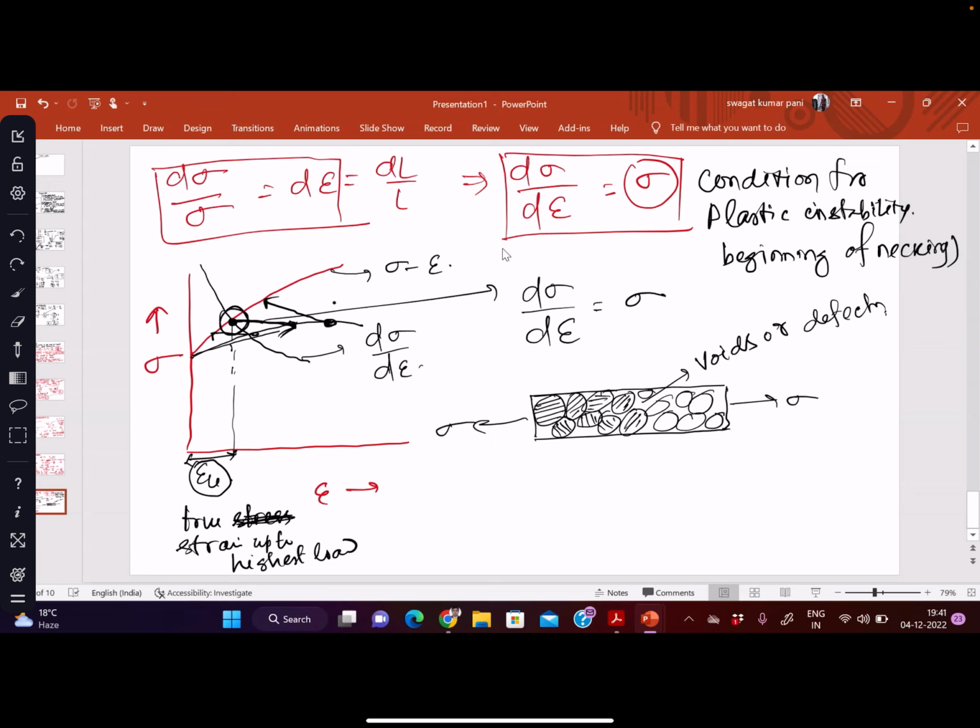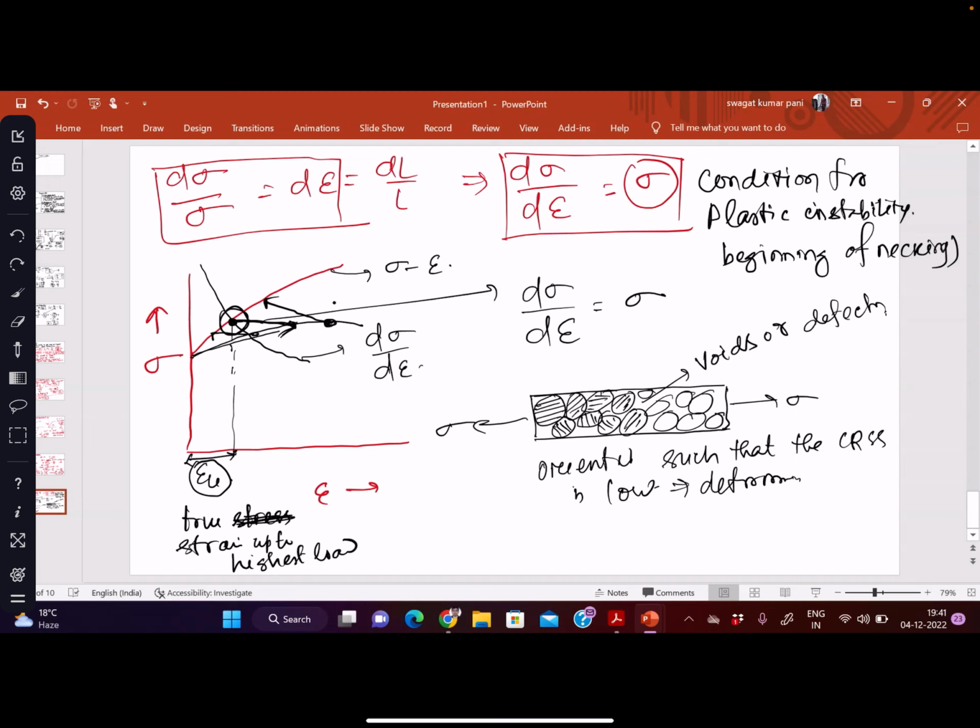So when we load, what happens? In some grains, when they are oriented such that the critical resolved shear stress is low, those will start deforming fast.